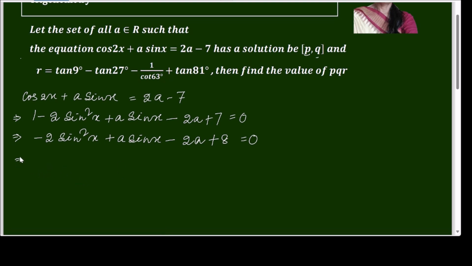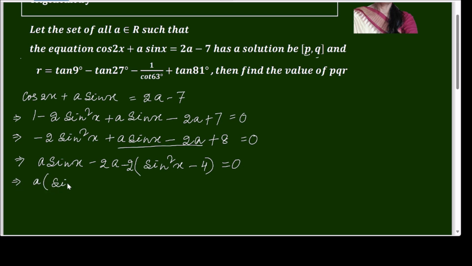So next I am splitting the 4 terms into 2 groups. One is A sin x minus 2A, taking A common, it will be A(sin x minus 2), and from the second 2 terms I am factorizing minus 2 (sin square x minus 4), which is sin x plus 2 times sin x minus 2, equals 0.